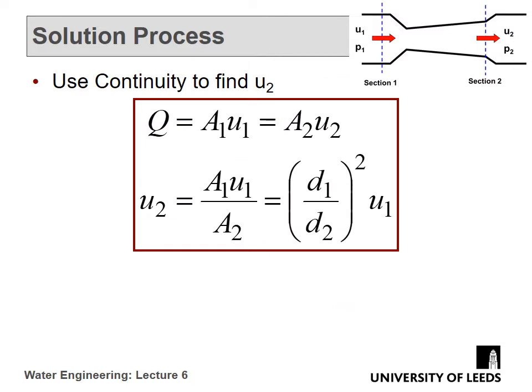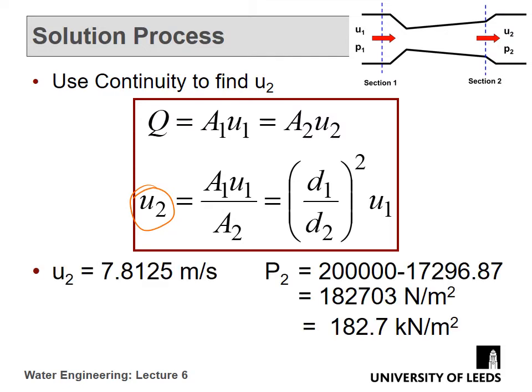We need to work out, using the continuity equation, what the velocity at point 2 will be, and it's just area 1 times velocity 1 divided by area 2. If you do your algebra, you see it's also just the ratio of the two diameters squared times U1. That's a simple geometric calculation. This gives us a velocity 2 of 7.8.